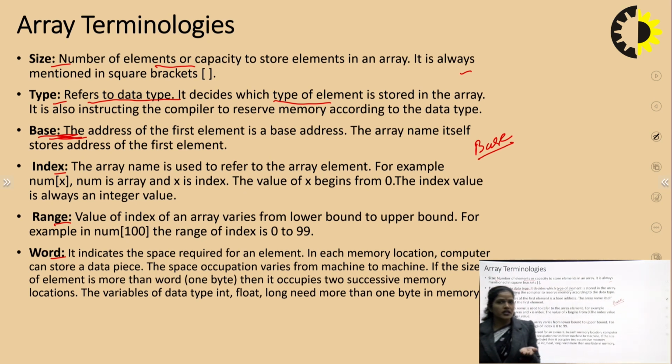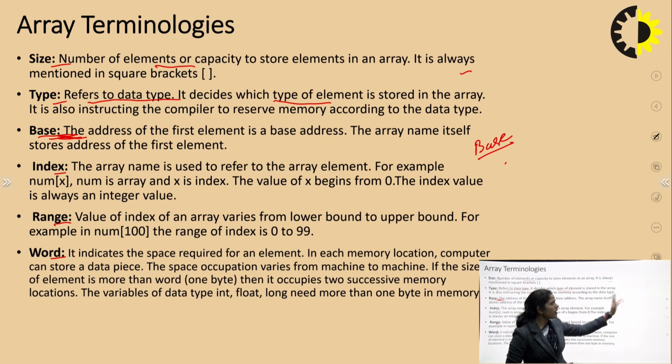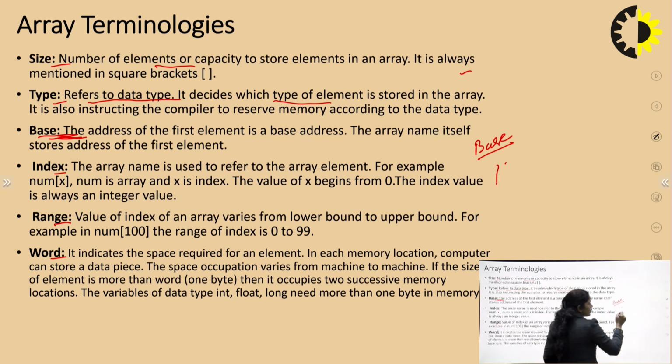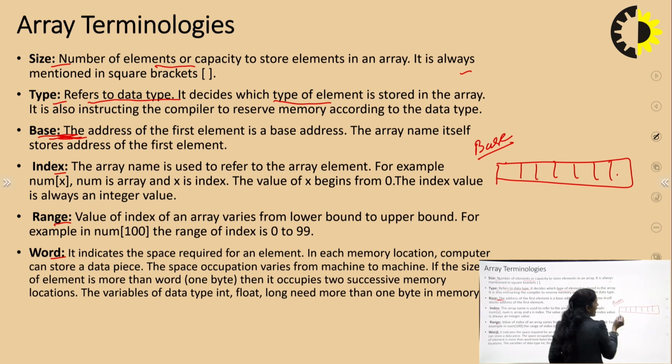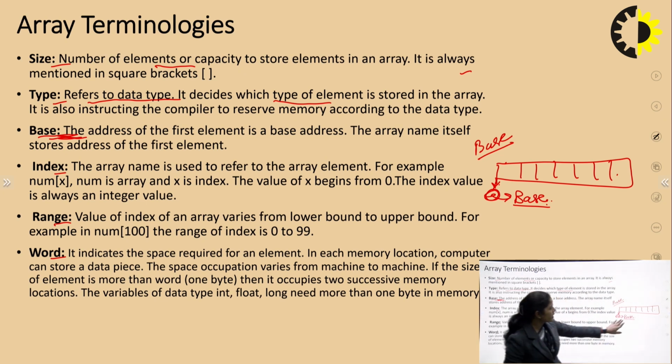Base is some initial point or initial state from where anything else will start. So suppose this is the array, and this array has a starting point, and this starting point is known as the base.